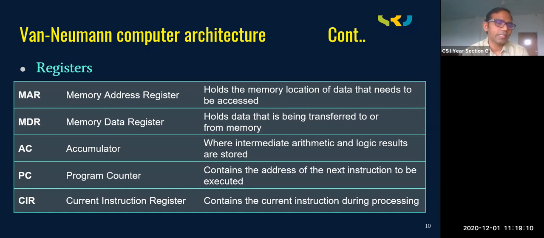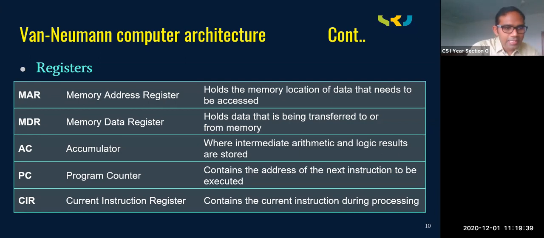Program counter, PC. Program counter is going to hold the next instruction to be executed. After executing this particular instruction, what is the next instruction to be executed will be stored in the program counter. So what we mean here is the program counter holds the address of the next instruction to be executed.